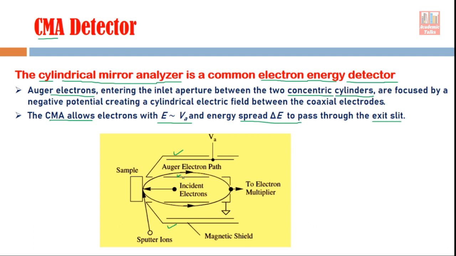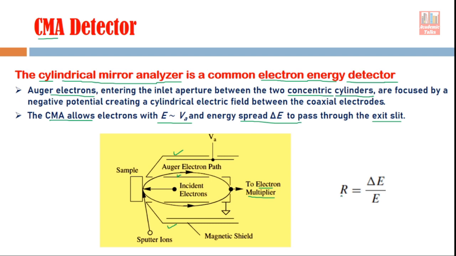Only electrons of a certain energy, depending on this VA, will be able to exit through this slit. That way the electrons with that specific energy band are selected and only they are allowed to fall on the detector, or you can see here it is first an electron multiplier, right.